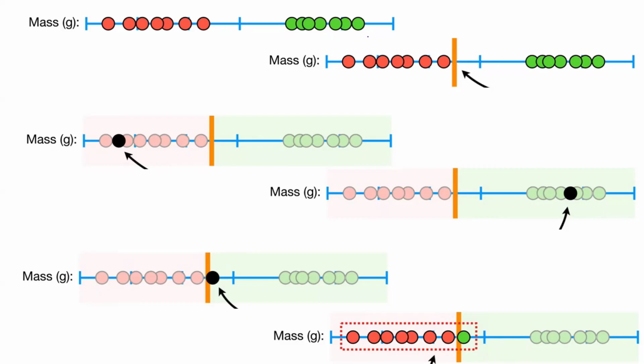Now you want to find a line that effectively separates these two sets of points. Suppose this is the point that separates them. If the test point is towards the left of this line, we classify it as a red dot. If the test point is towards the right of this line, we classify it as a green dot.